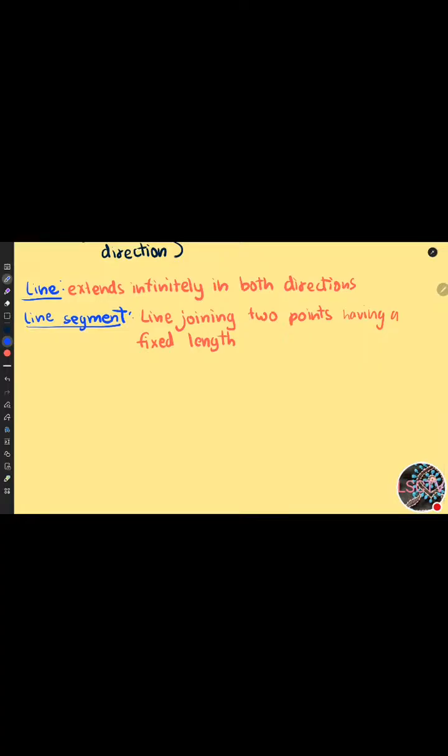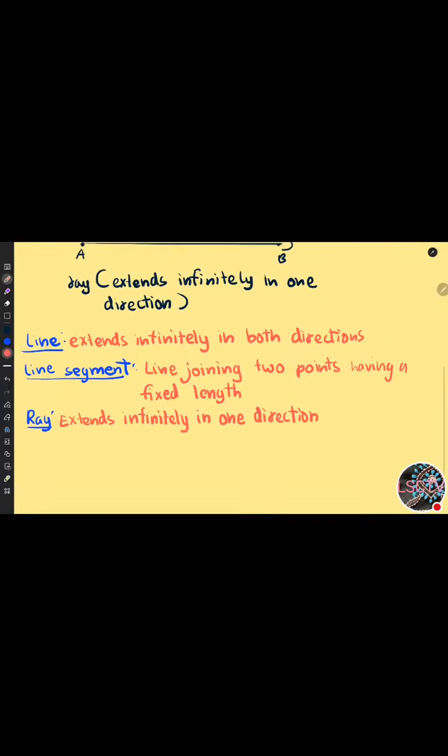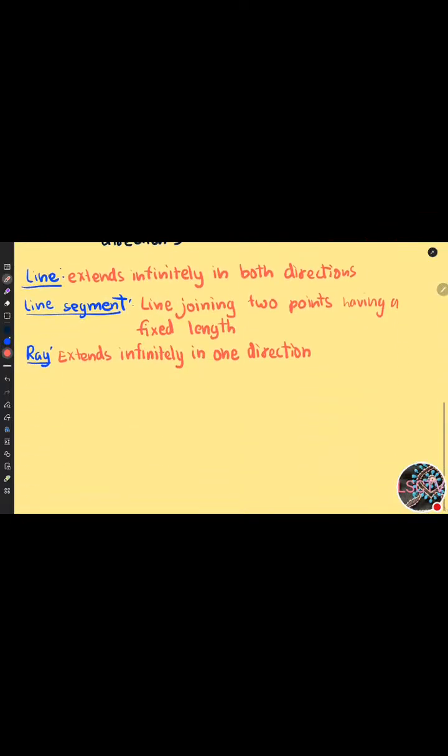What do you have after line segment? Ray. What is a ray? It extends infinitely in one direction. Fine, this is a ray.